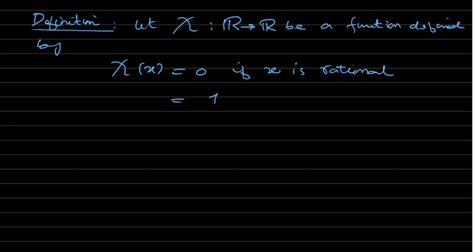This is a well-known function. It's nowhere continuous. You can easily verify, because the reason is that rationals and irrationals are both dense in R. Okay, so it is 0 if x is rational, and it's 1 if x is not rational.